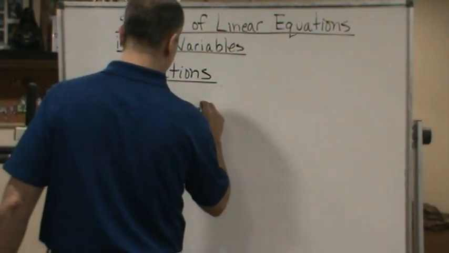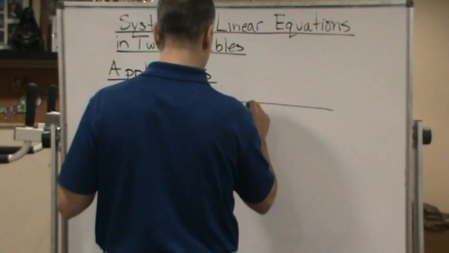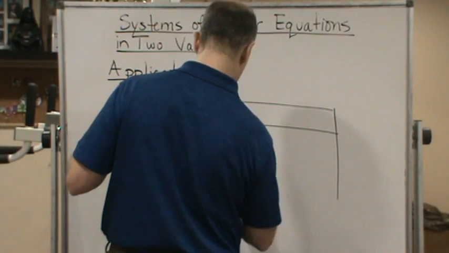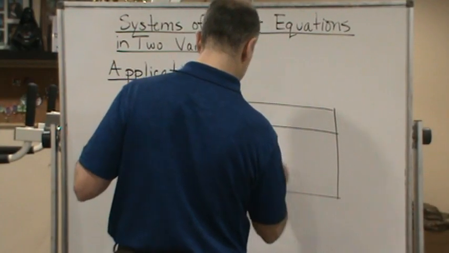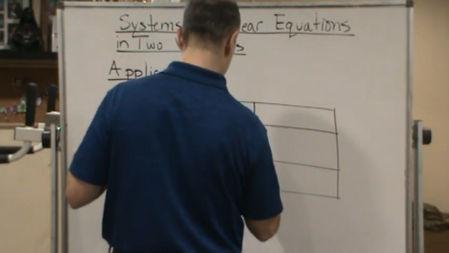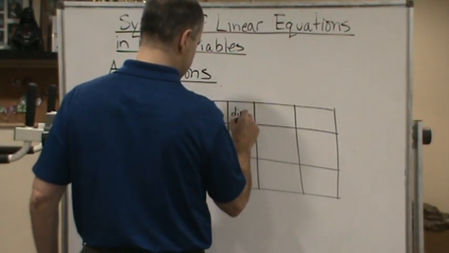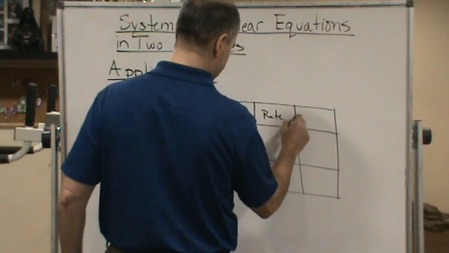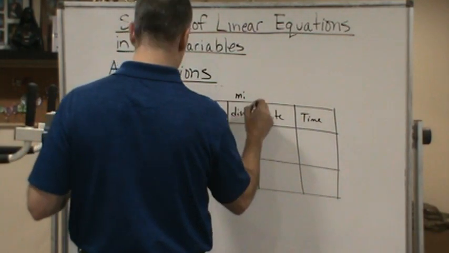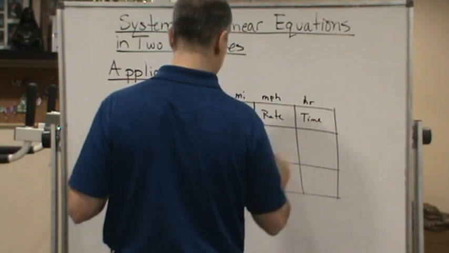Okay, so if you set up your table, here you've got distance, rate, and time. Now distance is in miles, and then the rate is going to be miles per hour, and of course then time is in hours.